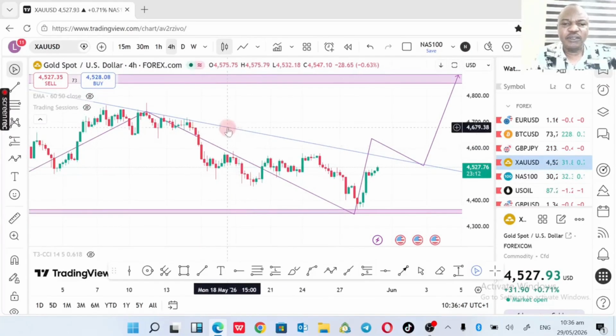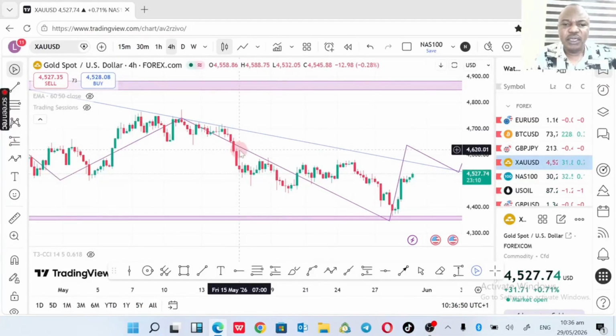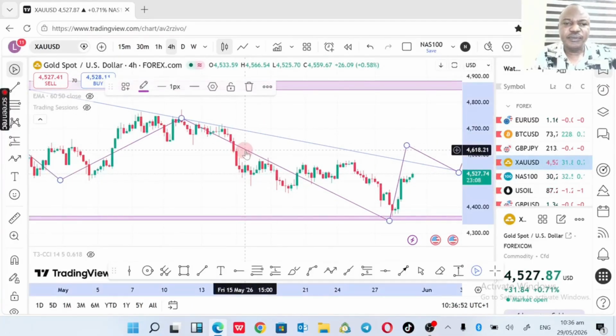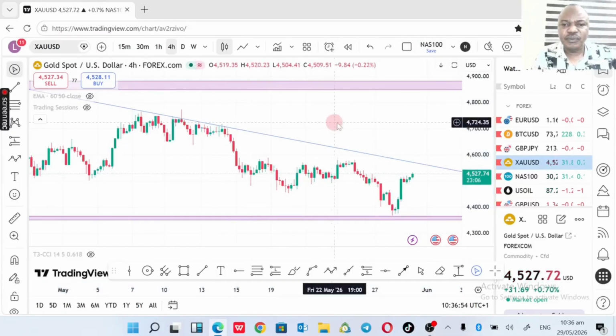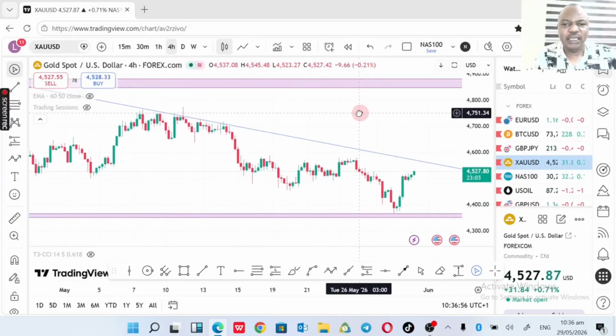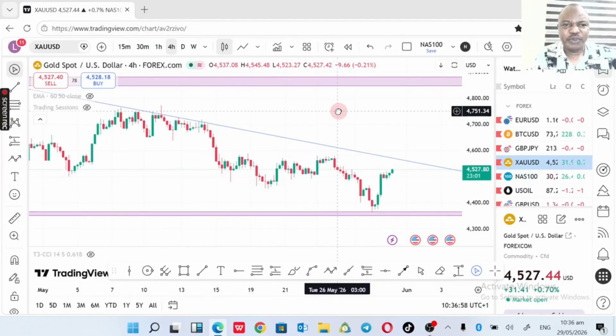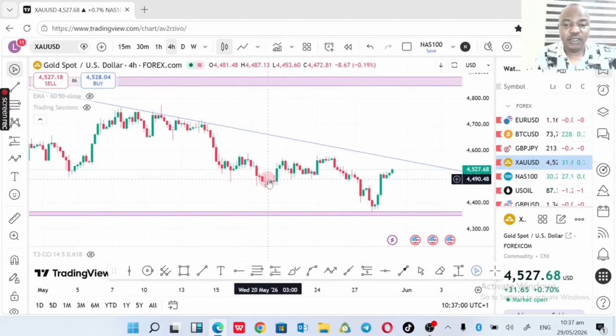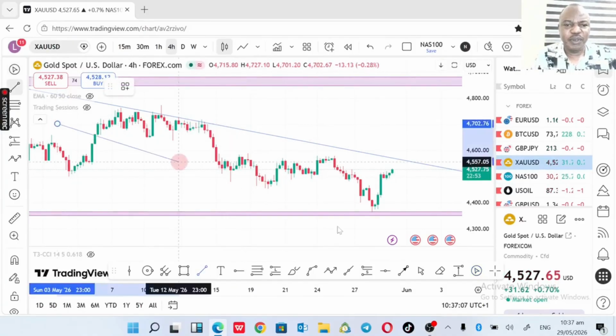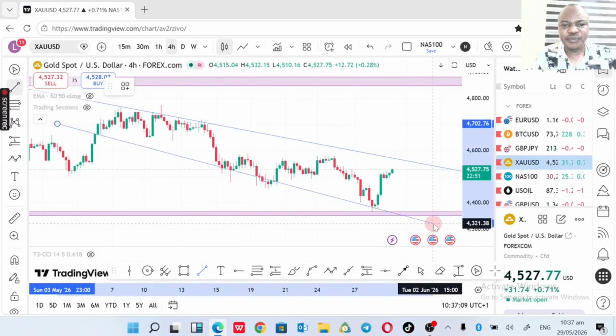Now on the 4 hours, let's remove this. So we can see clearly that the market is in an uptrend. Now it's actually moving up. It was a downtrend, but it's moving up. Now we'll take a trend line down from here.